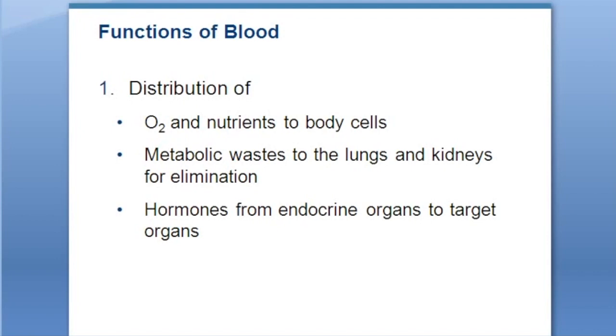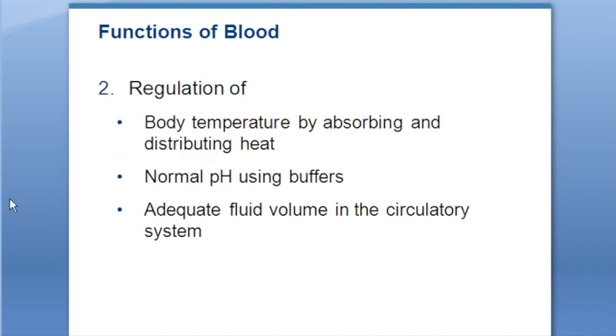Name some things that the blood regulates. Body temperature, pH level. And yes, you were right. You said blood pressure. Well, blood is used to regulate blood pressure, so fluid volume.